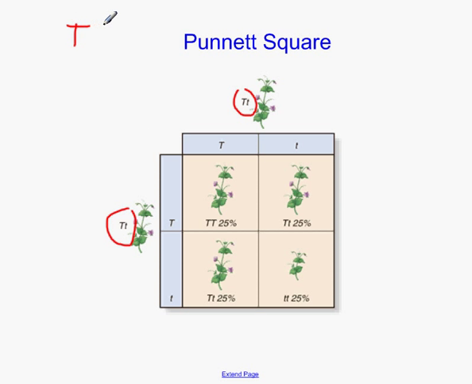So if we have a big T and a little t, and it goes through meiosis, according to his first law, segregation of alleles, you could form a haploid cell which is big T or a haploid cell which is little t. You cannot end up with big T, little t together. All right? So that's what happens.